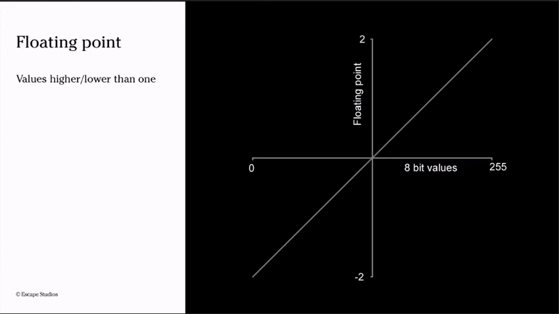Also we can use numbers above 1 and below 0. This means that when you see a floating point image, typically it will have information stored in the blacks and whites that is not visible on the monitor immediately, but it can be used in calculations, and it can be seen by altering the lookup that we are using to look at the image.